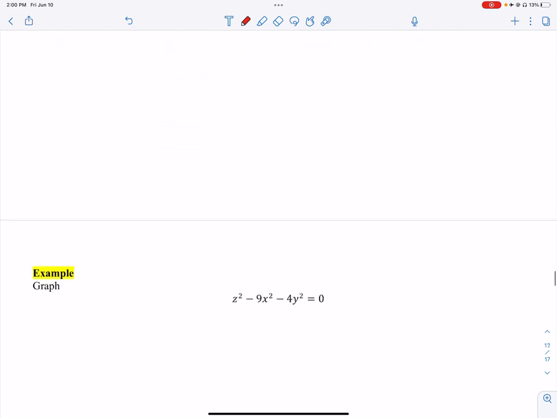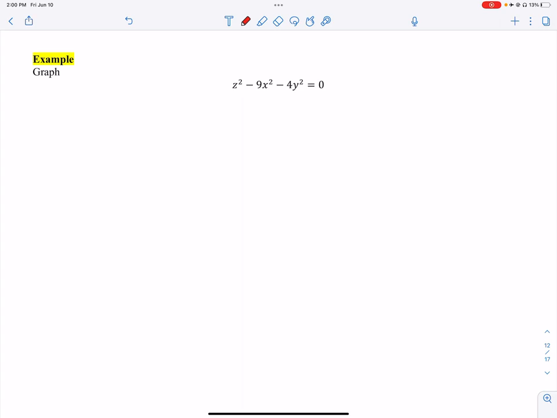All right, so let's do an example. We are going to graph one of these. Remember, it's a cone, so we imagine some type of cone-looking shape. Since everything on the right is 0, I can change the signs. I can multiply the left side by whatever I want.